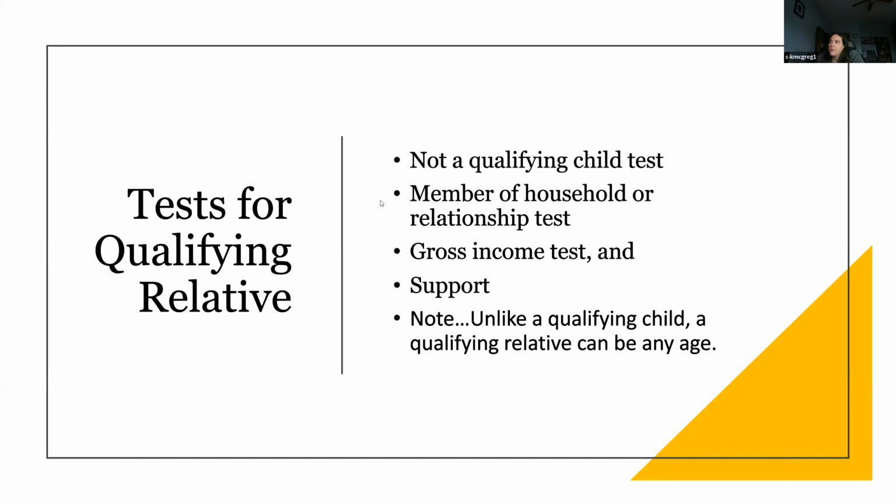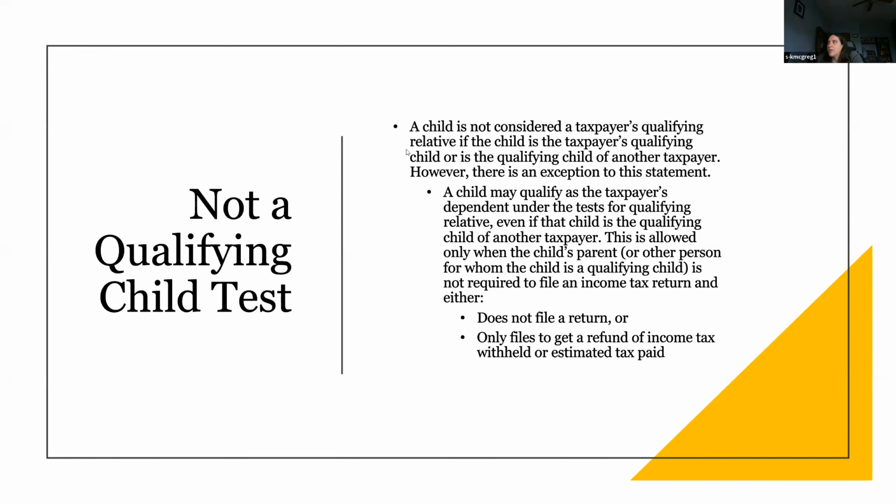The test we have to go through is to make sure that they're not a qualifying child, check the relationship, check the gross income of the person you want to claim, and how much support you gave them. And qualifying relatives can be any age.